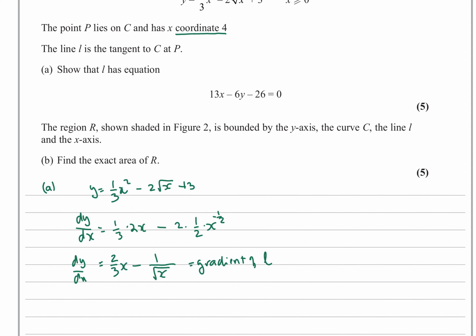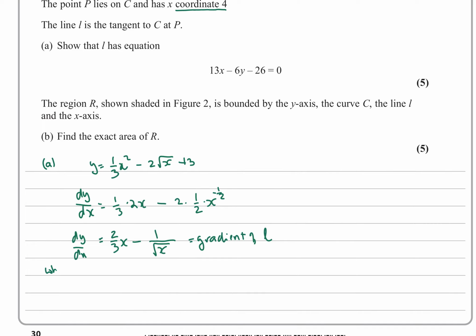So when x equals 4, the gradient would be 2 over 3 times 4 minus 1 over root 4, that is equal to 8 over 3 minus 1 over 2, and that is 16 minus 3 over 6, that is 13 over 6.